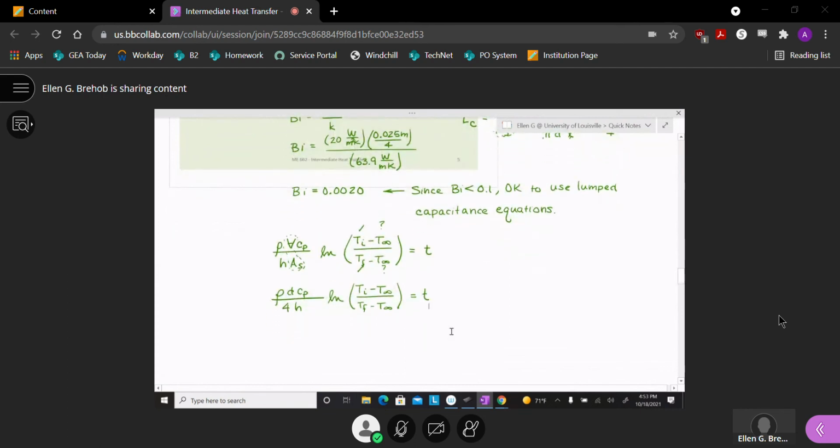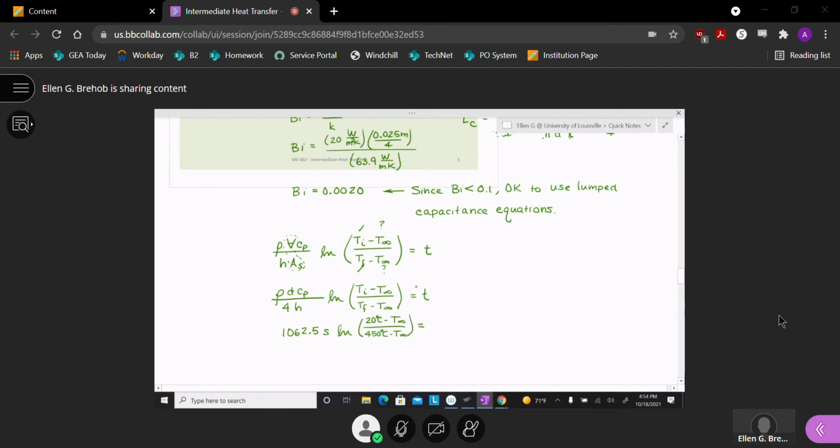All right. I did not do a good job of showing you all these inputs. I've got this value calculated. If I put rho, diameter, C sub p over 4h, I get 106.25, and this has units of seconds. And the natural log, this was 20 degrees C minus T infinity over 450 degrees C minus T infinity.